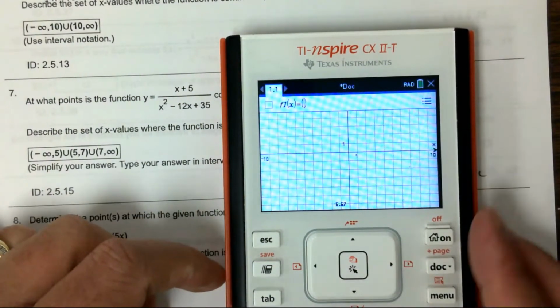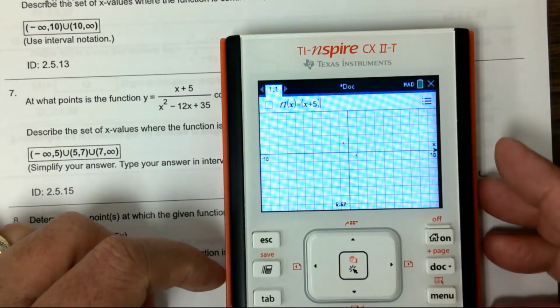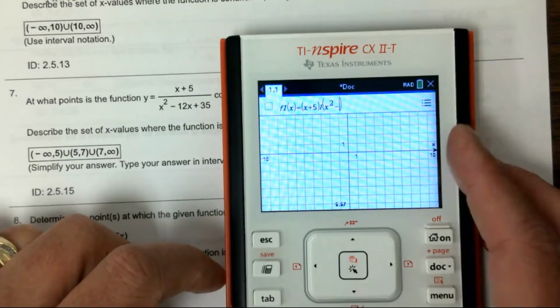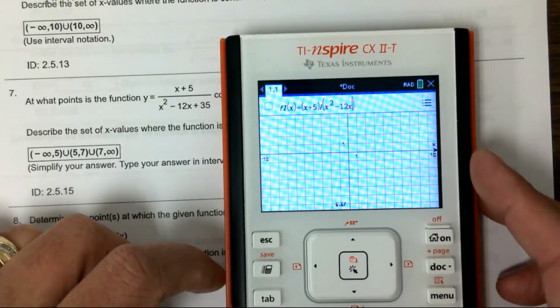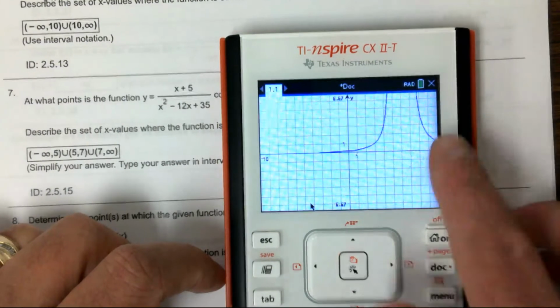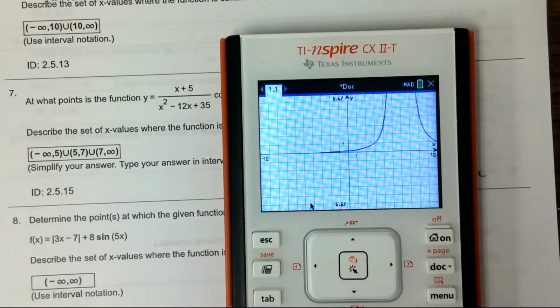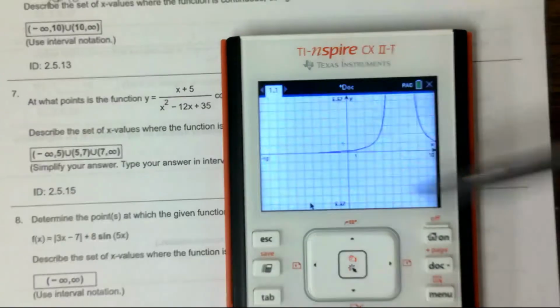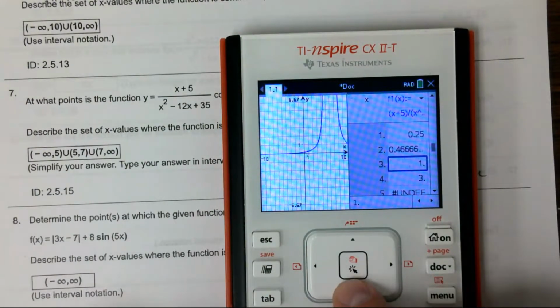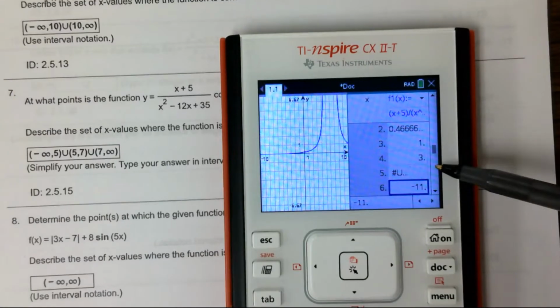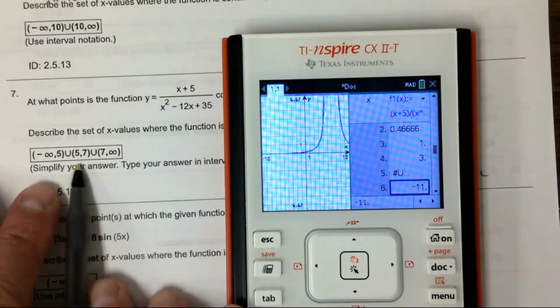We've got x plus 5 over x squared minus 12x plus 35. So there's one thing that was obvious about the 5. So if we go to our table, it's undefined at 5. And so that's this part.